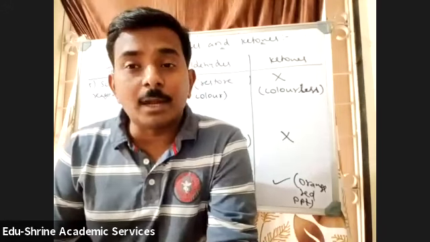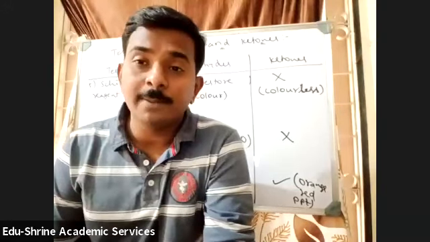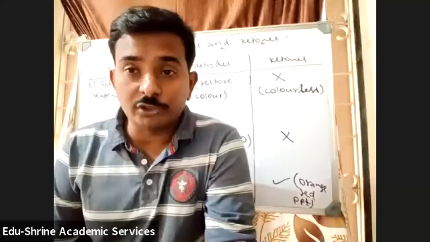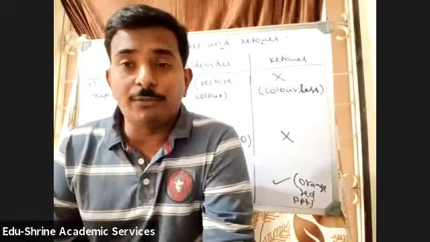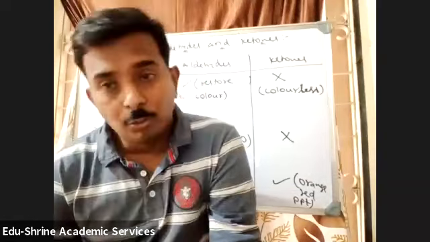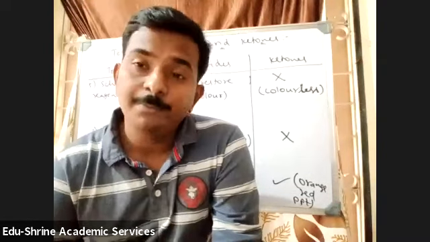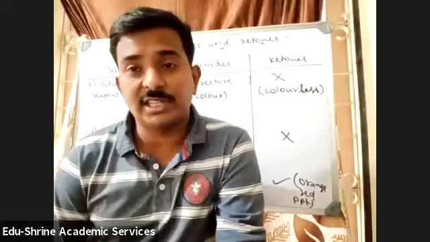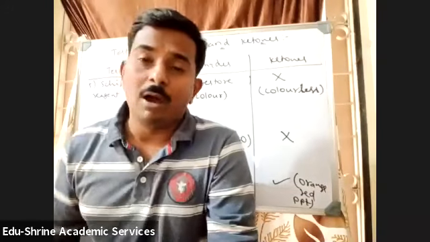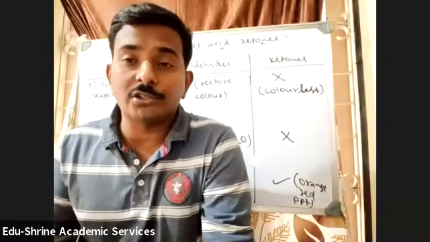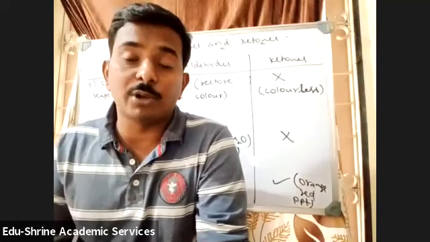All the other bleaching agents in our syllabus, whether H2SO4, ozone, chlorine, or hydrogen peroxide, have bleaching action due to oxidation. Only sulfur dioxide bleaches by reduction.